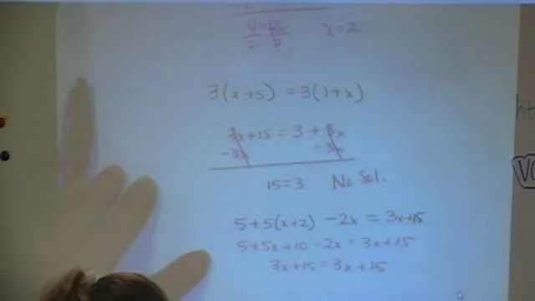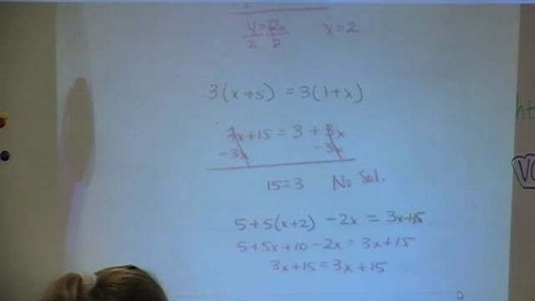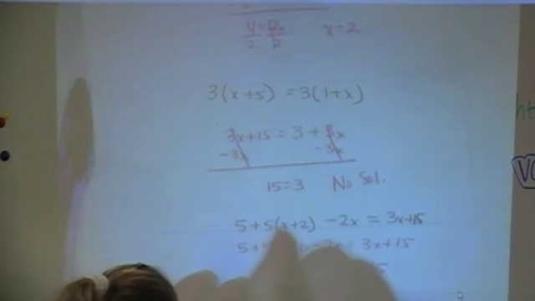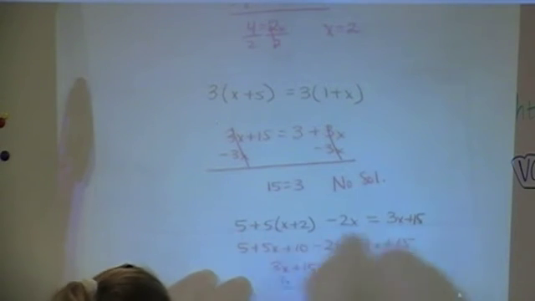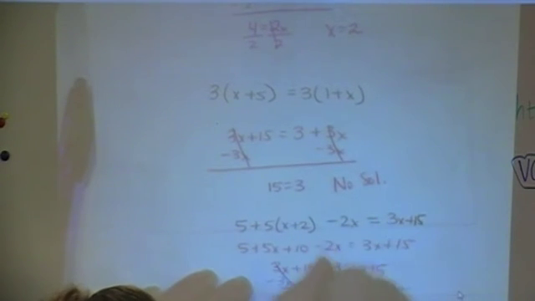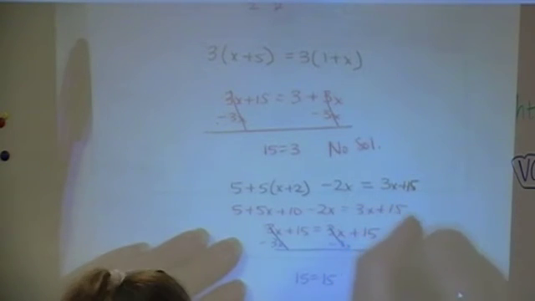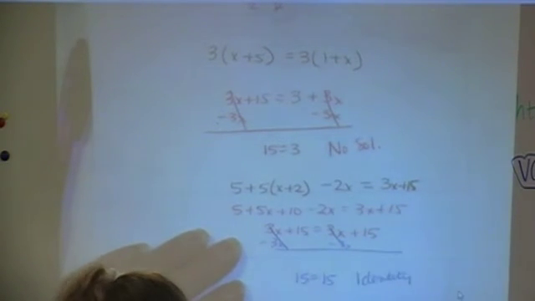So I have 3x plus 15 equals 3x plus 15. If you don't recognize right now, the left side completely equals the right side. But if you didn't even notice that and you kept going, and you tried to subtract 3x from both sides, my 3x's completely cancel and I end up with 15 equals 15. 15 does equal 15. This is called an identity, because what's on the left equals what's on the right. But the answer is all real numbers.